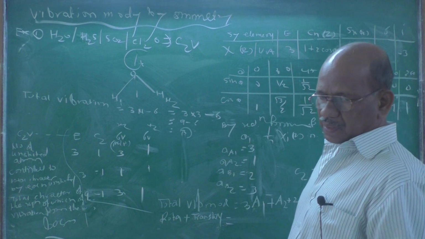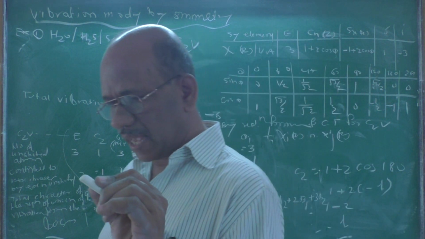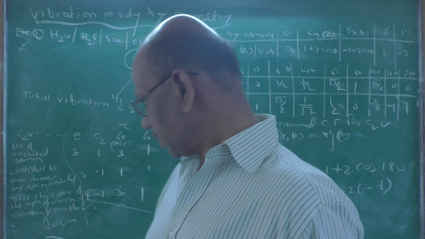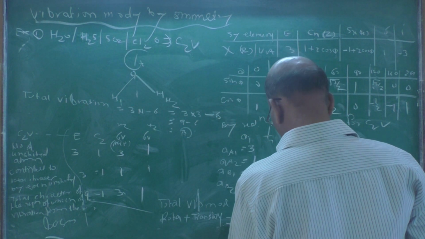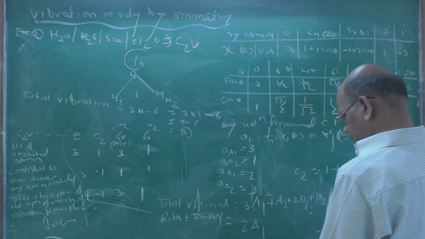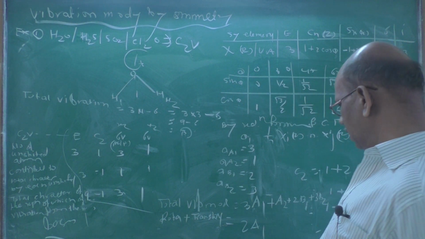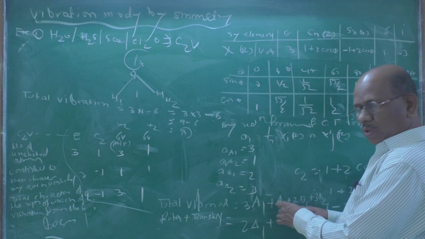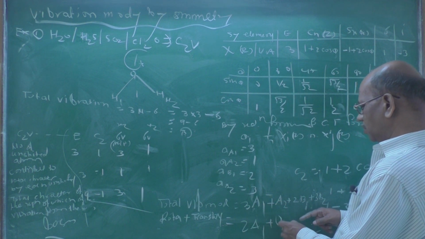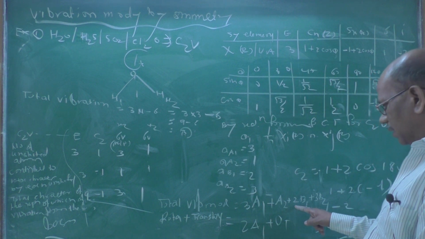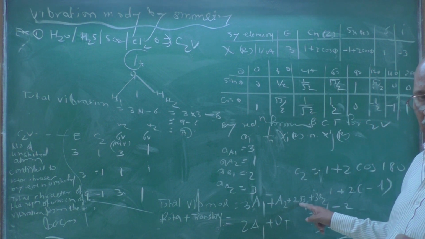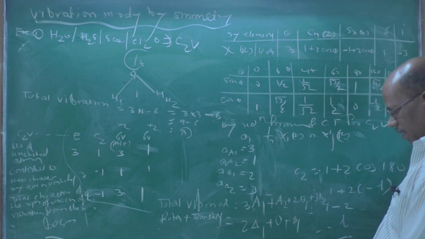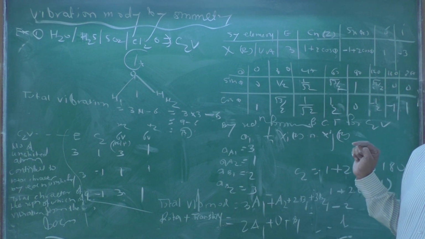So from 3A1 you subtract A1, so here 2A1 remains. Then again we have to subtract one mode, so A2 becomes 0. Then again you subtract one B1, so 1 B1 remains.